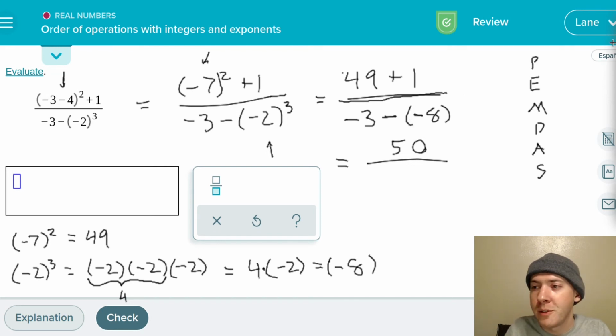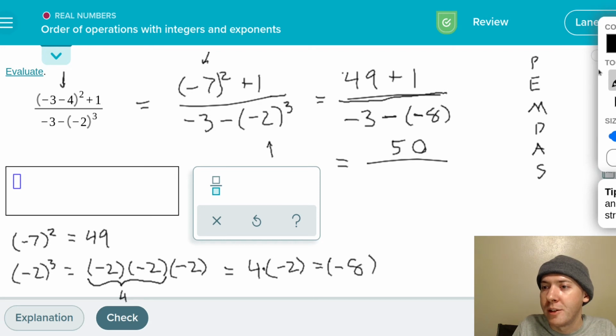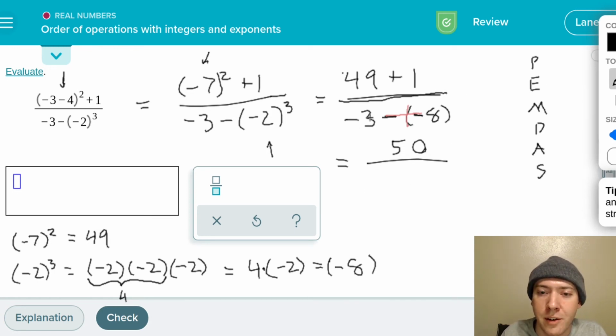If you really convince yourself, you might be able to think of these two negative signs and that parenthesis as a plus sign. What I mean by that is that I can write on the bottom, instead of -3 minus -8, I can write -3 plus 8. And that means the same thing. Or in other words, these two negative signs make a plus sign.